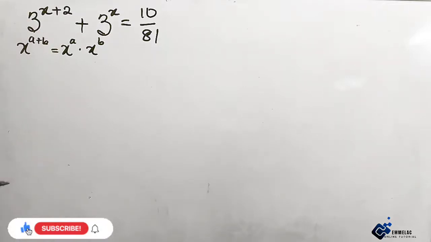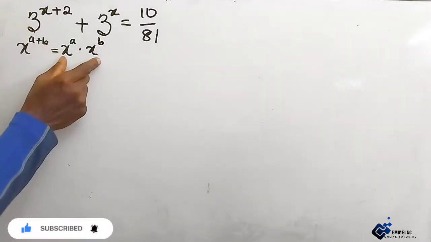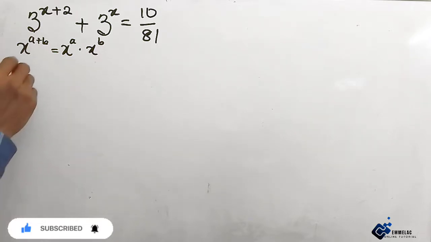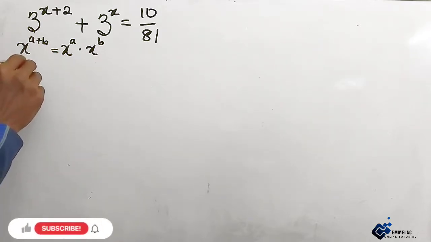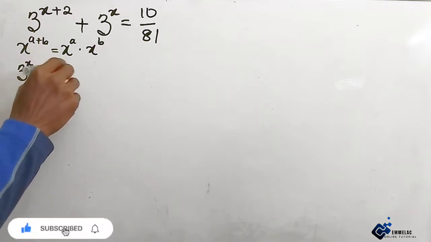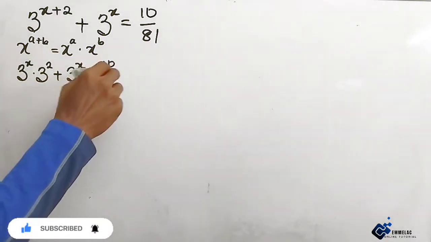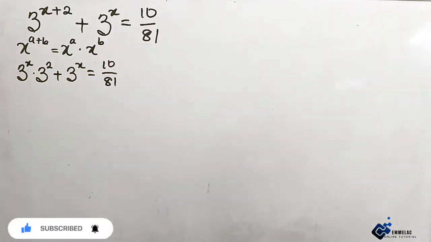So this gives us 3 raised to the power x times 3 raised to the power of 2, plus 3 raised to the power of x, all equals 10 over 81.